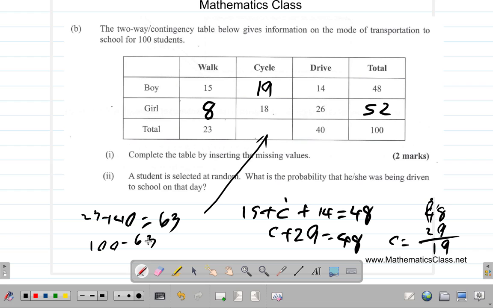We have 63, 73, 83, 93, that's 30, that's 37 now. So you have 37. Right, that's all. Alright.